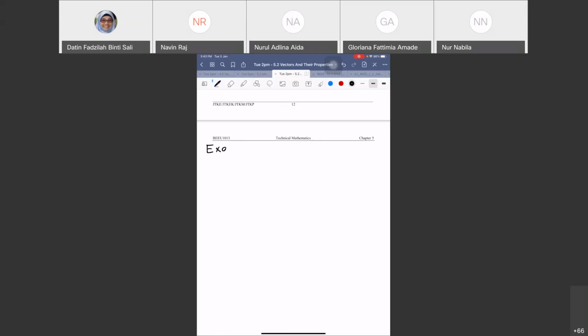So let's say you are given vector A as 4, 0, 3, and vector B with components minus 2, 1, 5. Then find vector A plus vector B. Are you all ready?